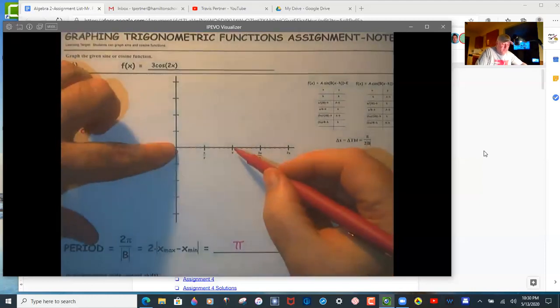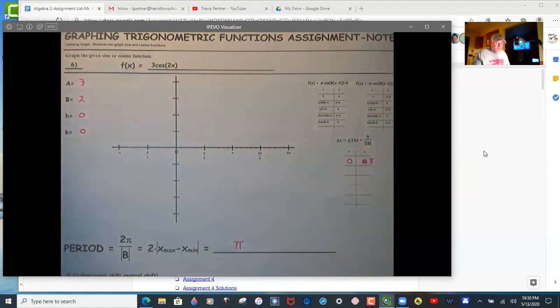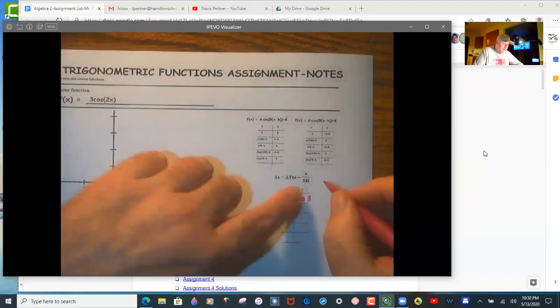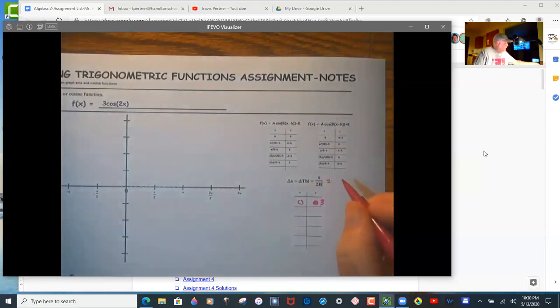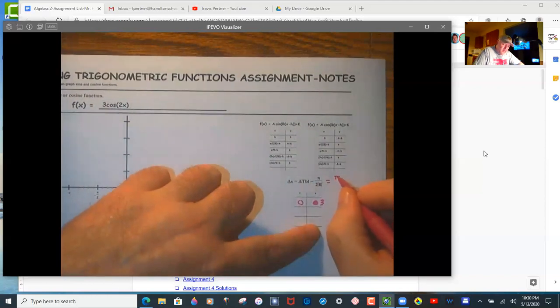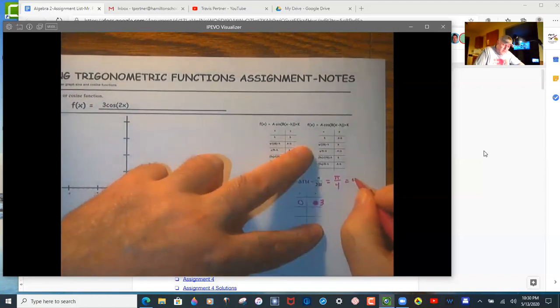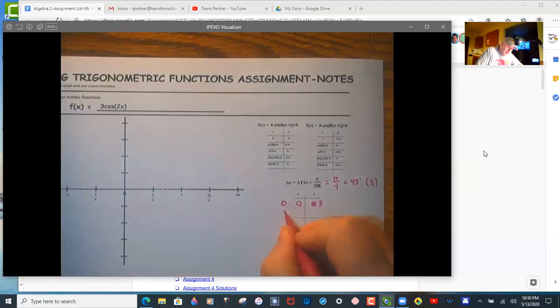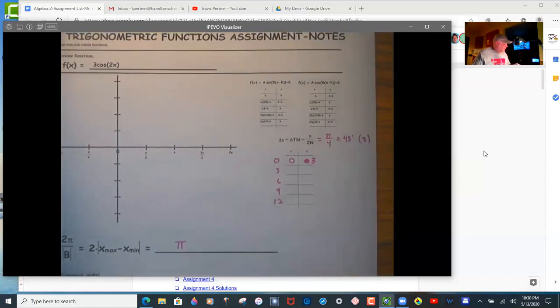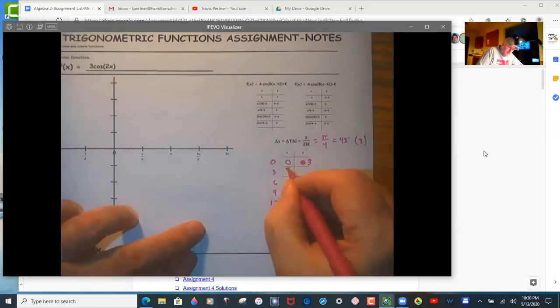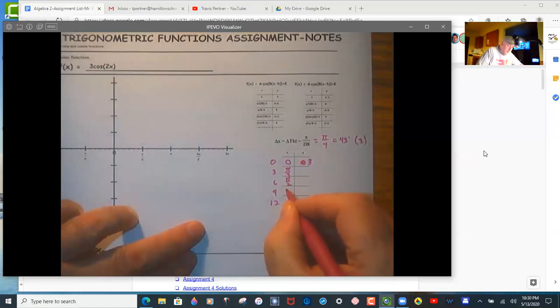We're going to see one wave scrunched in between 0 and 2 pi. So pi over 2b, this will be pi over 4, which is 45 degrees, which is 3 scale marks. So it's going to jump by 3 scale marks each time. And then again, you just need to reduce. So this will be pi over 4, pi over 2, 3 pi over 4, and pi.